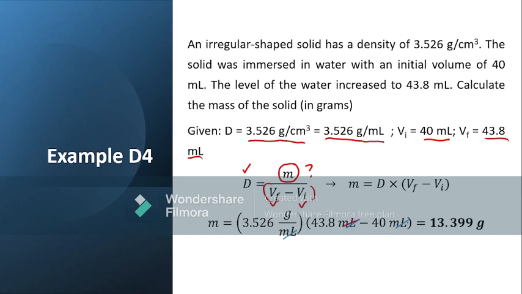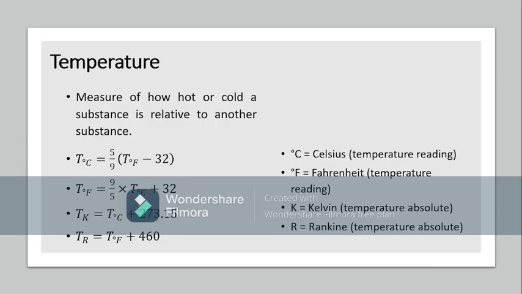Simplifying, ml over ml cancels. So, we will have 13.399 grams. This is the mass of your irregularly shaped solid with a density of 3.526 gram per cubic centimeter. Okay? Now, let's go with the temperature.